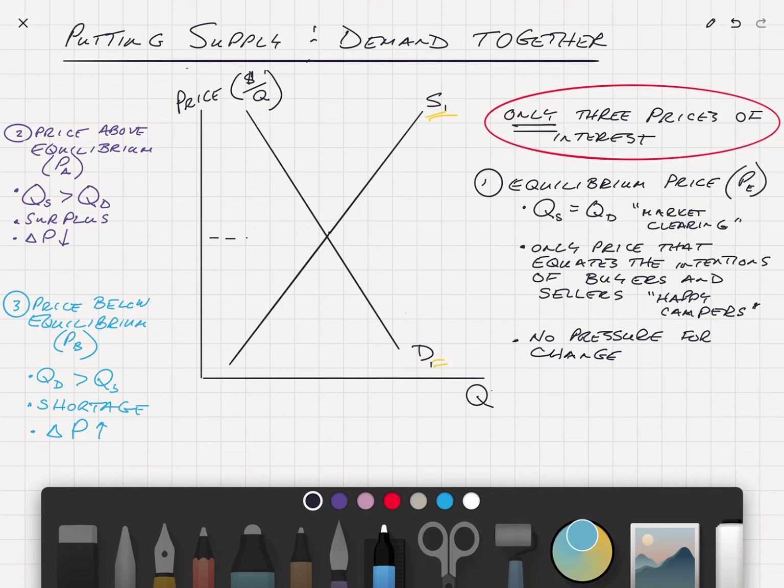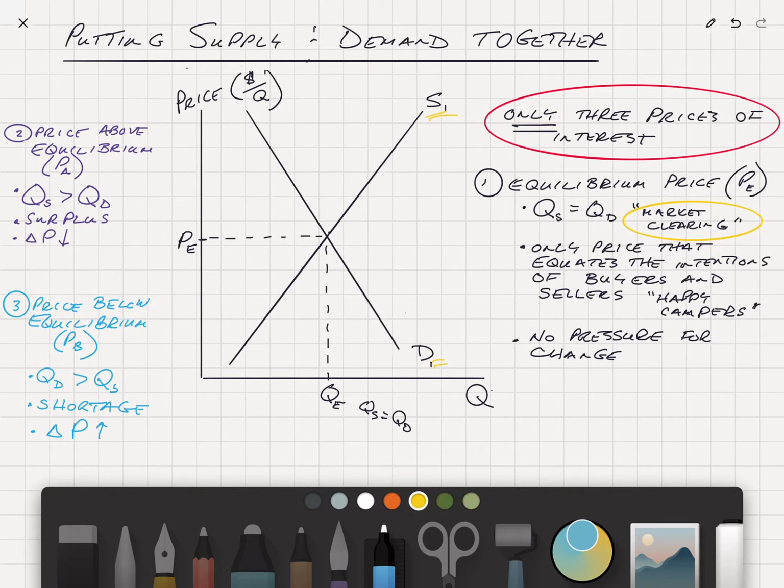It would be right here, P sub E. Another way to say this is that both the supply and demand curves are intersecting at this point. Therefore, we know that the equilibrium quantity is where QS is equal to QD. In economics, we call that the market clearing price.